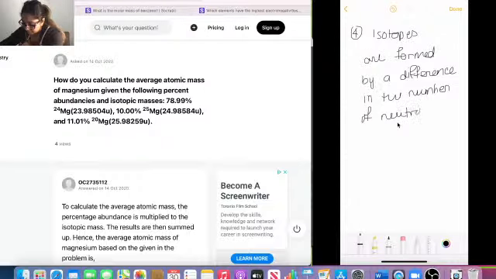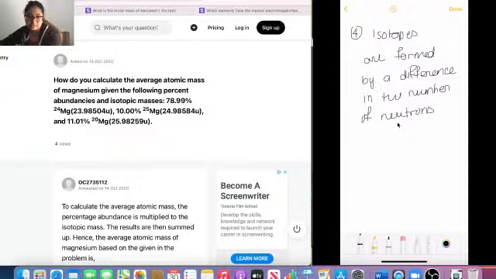Because your protons cannot change. Your protons and your electrons are always the same in any atom, and therefore it's the change in neutrons which makes different forms of the same element, which are called isotopes.